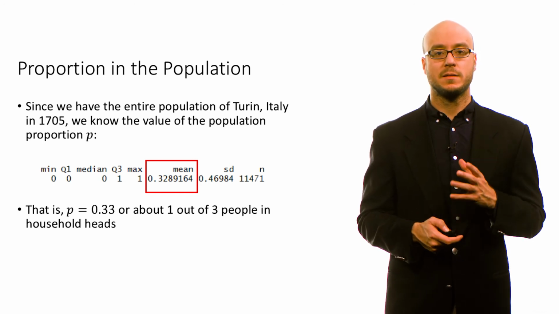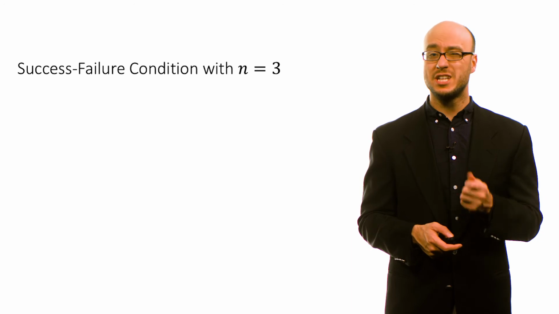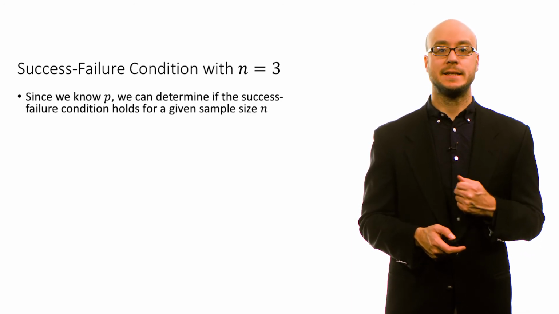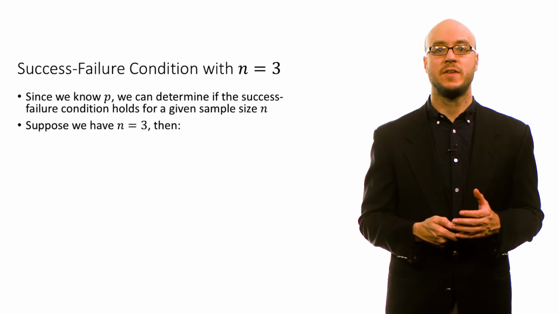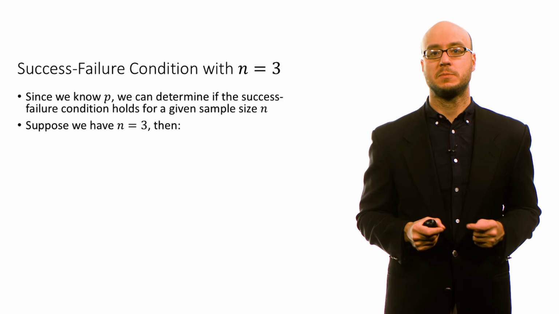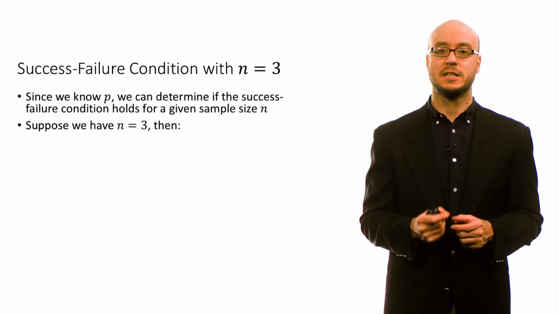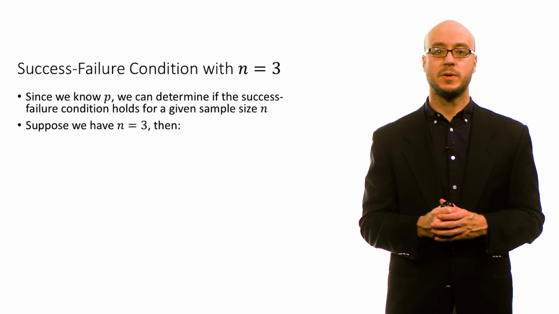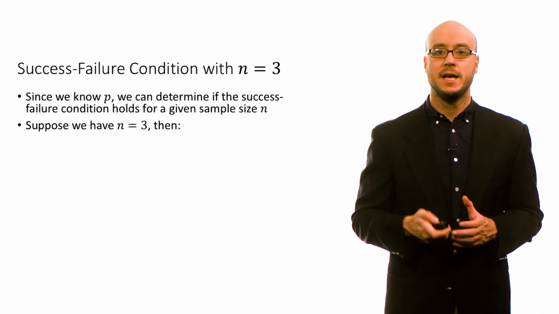That's the population proportion. Typically, we wouldn't know that, but in this case, we can actually examine what happens to the success-failure condition for different sample sizes. So suppose we had a sample size of 3 randomly collected from the entire population of Turin, Italy during this time period, and we calculated a sample proportion.